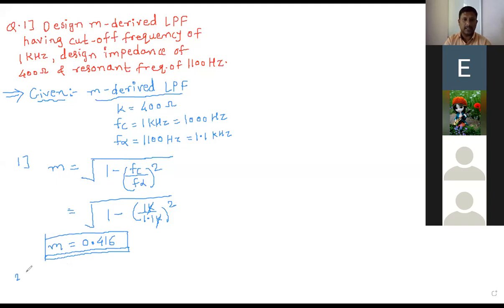Okay. So second, we are going to design the L value and C value. So for the low pass filter, the formula to calculate the L value is L is equal to K upon pi FC. So K is 400 divided by pi into 1 kilohertz.